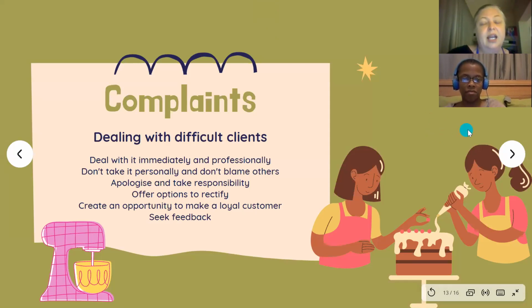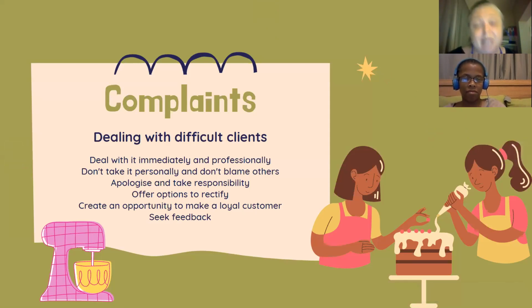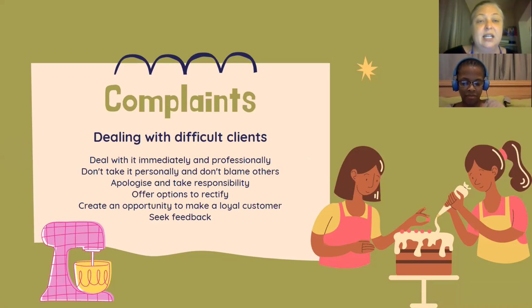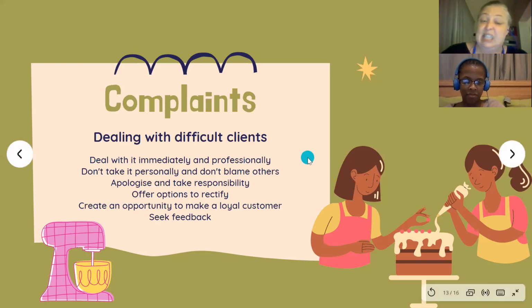It's not worth it. But if there is a legitimate complaint, let's assume something has legitimately gone wrong, so you've put salt instead of sugar, or something's gone wrong, the first thing you want to do is deal with it straight away, and just be upfront and take responsibility. There's nothing worse than someone saying, oh gosh, I've got this girl working for me and she's really messed this up.